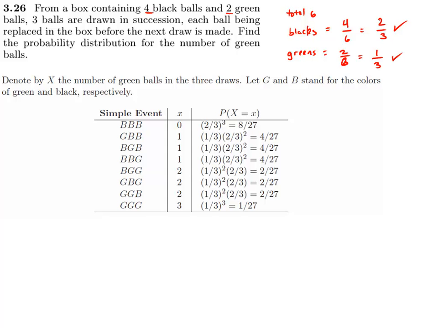right? Now, we are going to take 3 balls in succession, right? And these are the possible events that can happen based on that experiment. So we have 1, 2, 3, 4, 5, 6, 7, 8. We have 2 options, and we're going to take 3 times those 2 options.